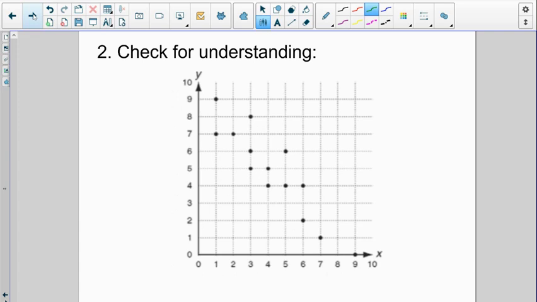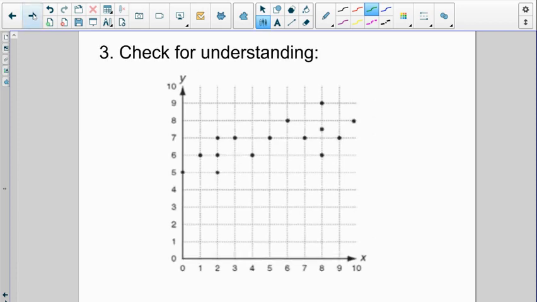What do you feel is the best correlation coefficient for number 2? Please respond by choosing your answer in Edpuzzle. What do you feel is the best correlation coefficient, or R value, for scatter plot number 3? Choose your answer in Edpuzzle.